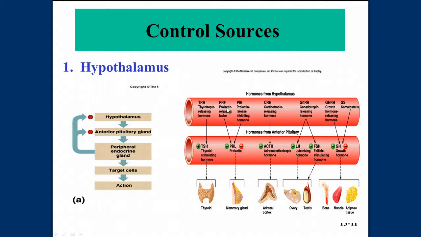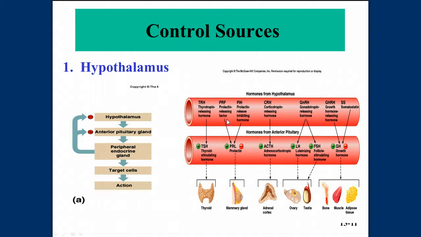It is a hormone that causes the breast tissues to be stimulated to produce breast milk. And so prolactin releasing factor can be released by the hypothalamus near the end of pregnancy and after the baby has been delivered.